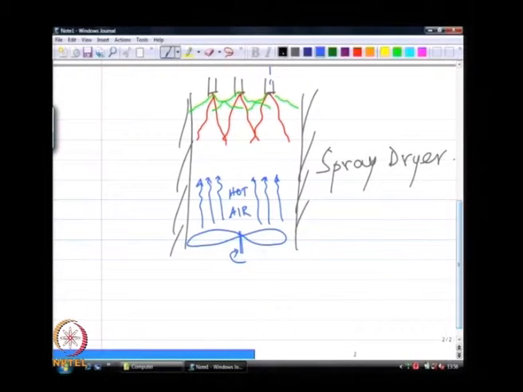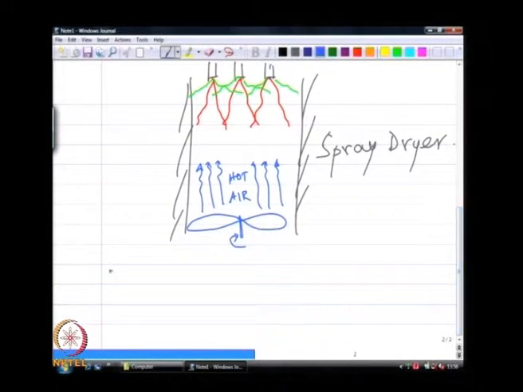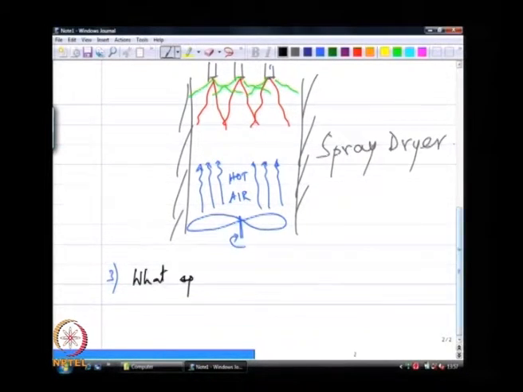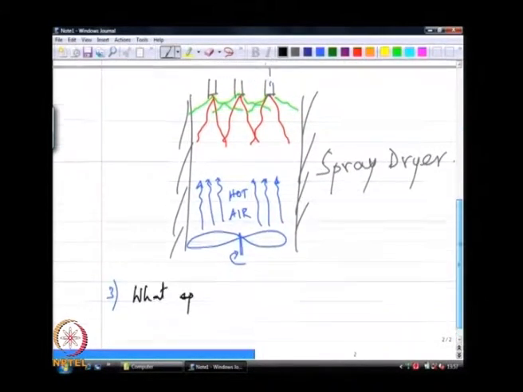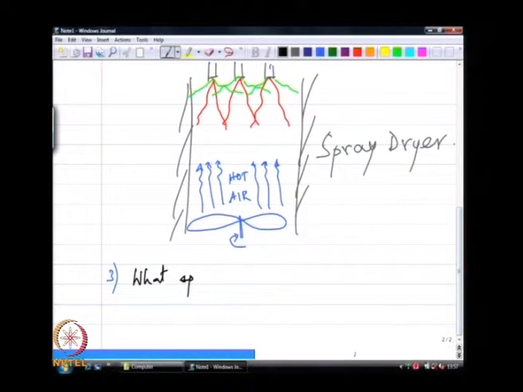Next, what spray pattern, what supply pressure. We will come to the spray pattern later.